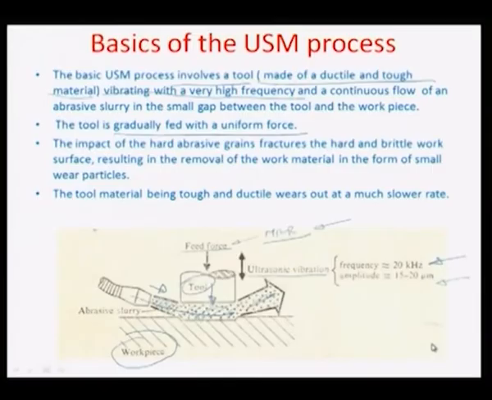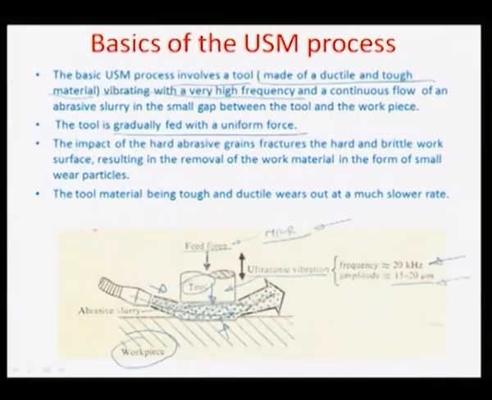USM is a process which involves a vibrating tool head, as illustrated yesterday very clearly, and this tool head is used over an abrasive slurry. You can see this is the region of the slurry, this is the workpiece, and this right here is the tool. Small amplitudes of motion, about 15 to 20 microns, are given to this tool head, and it squeezes or compresses the abrasive particles coming between the tool and the workpiece.